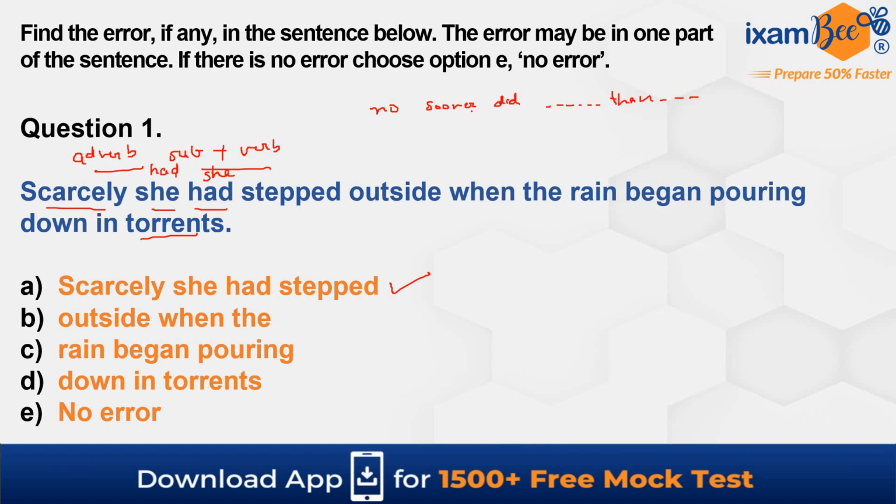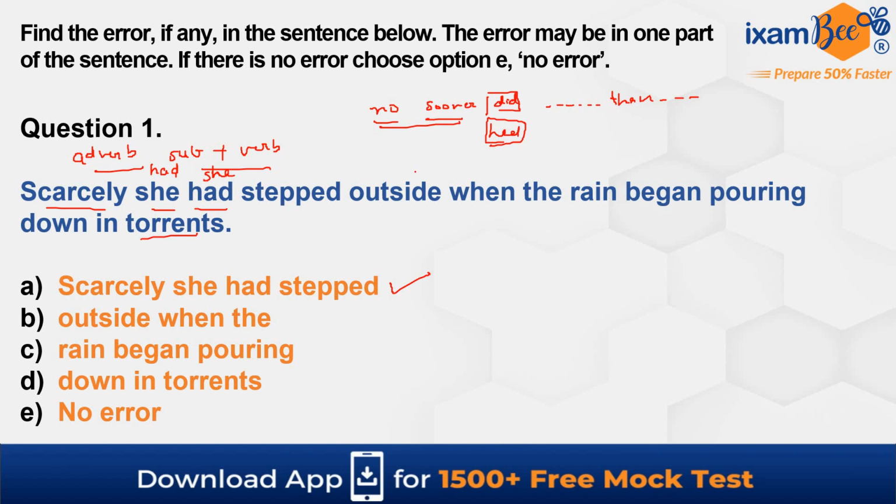So you have always noticed that after no sooner, you never place a subject. You usually place a verb, so either it is did or it is had, right? Why? Because no sooner is also an adverb, and because it is kept in the beginning of a sentence, hence you place the verb first, and later on the subject.